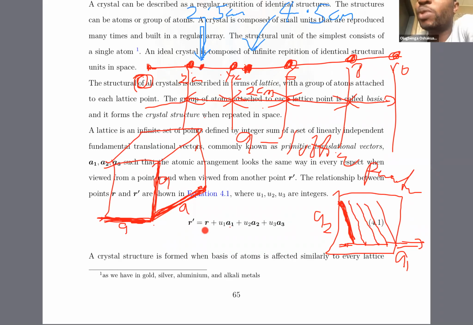So the initial point where that ant was is R. But for now, since we are talking about a one-dimensional space, the equation can be reduced to R prime is equal to R plus U1 A1. And U1, U2, and U3 in equation 1 are integers.